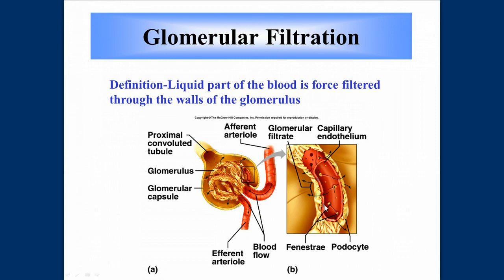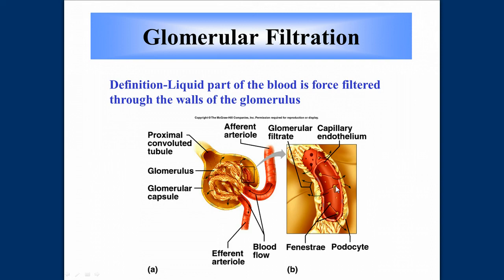So it's simple, meaning one layer of cell, very thin, and within that wall, that capillary wall of that glomerulus, there are pores or openings called fenestrae here where these cells are joined together. And that fenestrae allows certain molecules or substances to pass through in that glomerular filtrate. As that blood passes through under pressure, it's going to allow for the pushing out of certain substances.